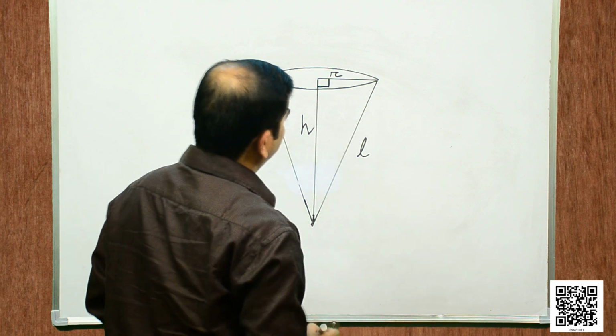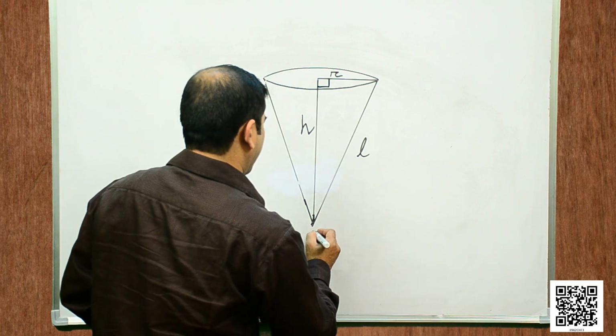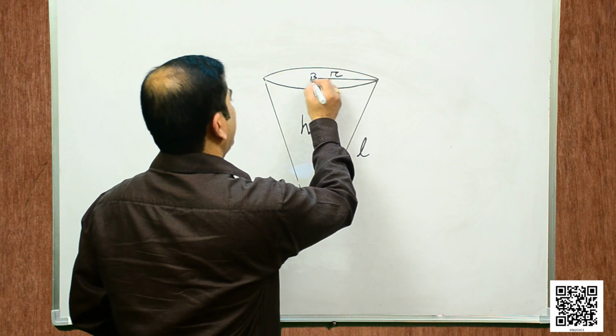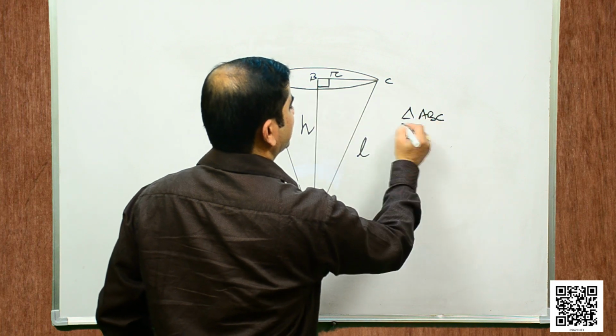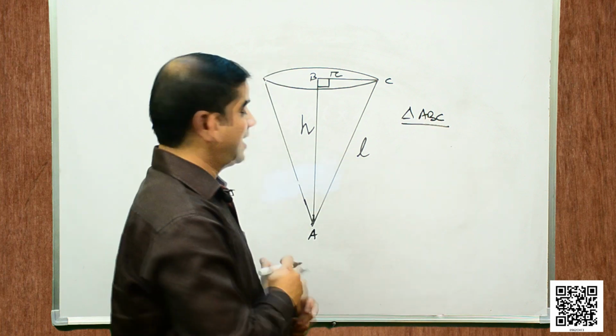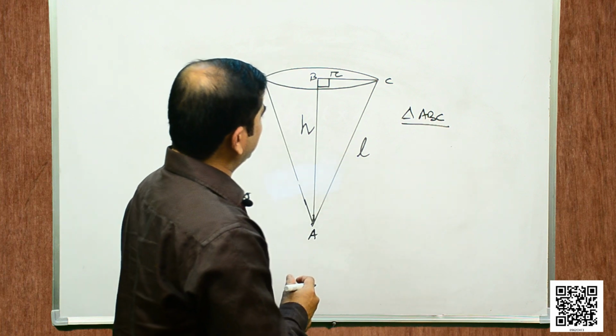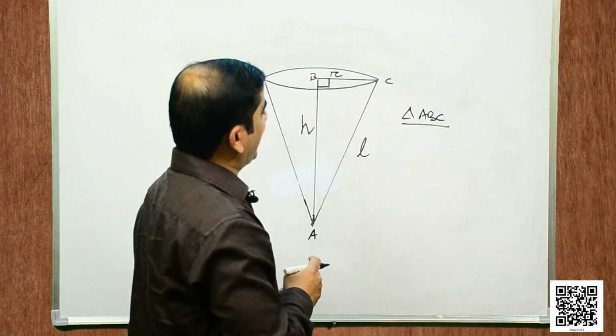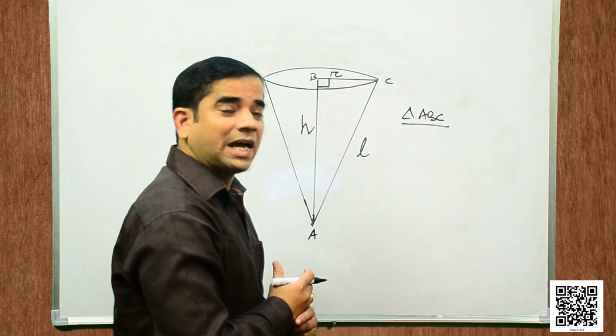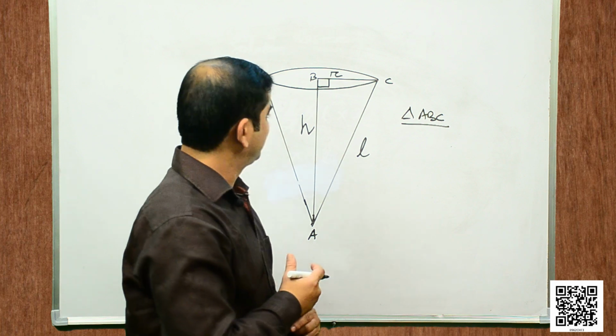Just observe that if I name it A, B and C, triangle ABC is a right angled triangle. That means L is the hypotenuse, and h is the height, r is the base of that right angled triangle.